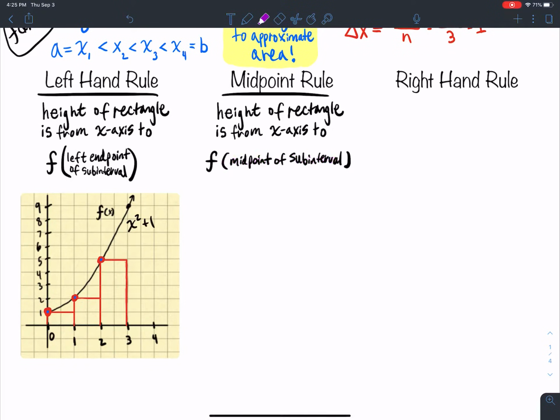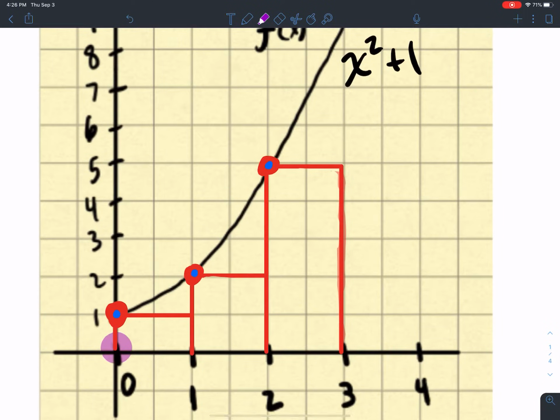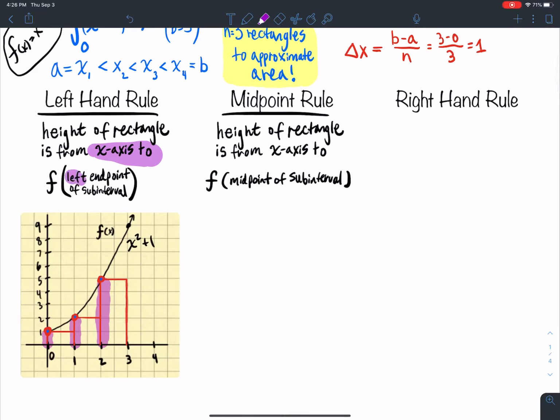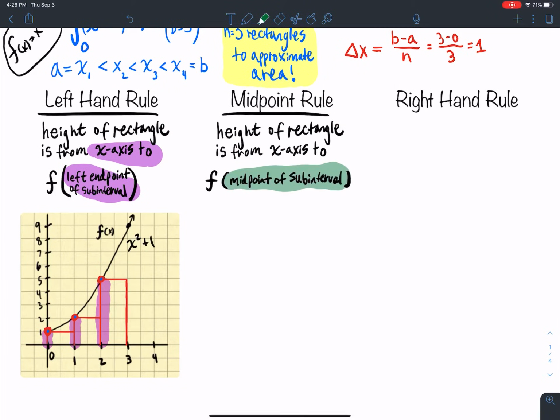For the midpoint rule, the height of the rectangle is from the x-axis to the midpoint of the subinterval. For the last one, it was from the x-axis to the left endpoint. Now, instead of the left-hand endpoint, we're going to use the midpoint of that subinterval.